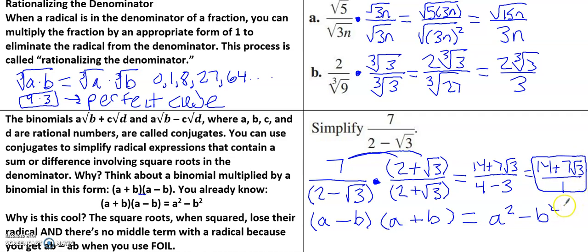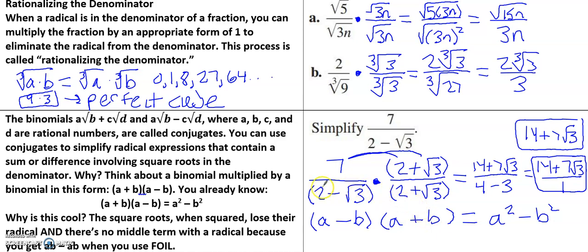Notice what we've accomplished. We've gotten rid of the radical in the denominator. Careful on big ideas, they'll probably just want 14 plus the 7 square root of 3, and this thing's working so awesome. But the fact is, we wanted to rationalize the denominator by getting rid of the square root. But when there were 2 terms, we had to use our special product pattern, a minus b times the quantity a plus b.